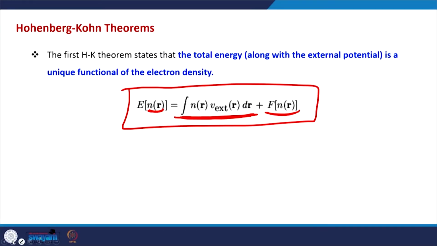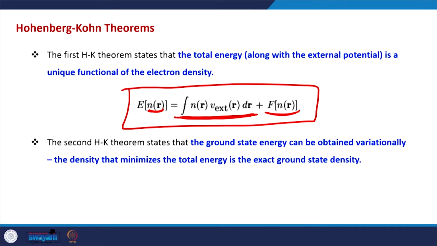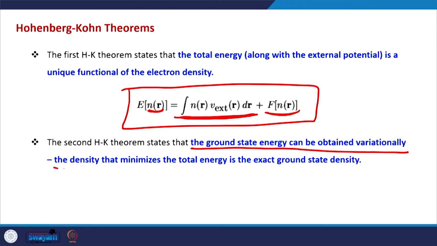What the second theorem says, the second HK theorem, is that the ground state energy can be obtained variationally. Variationally means by minimizing it as a function of the electron density. So the electron density that minimizes the total energy is exactly the ground state density of the system.